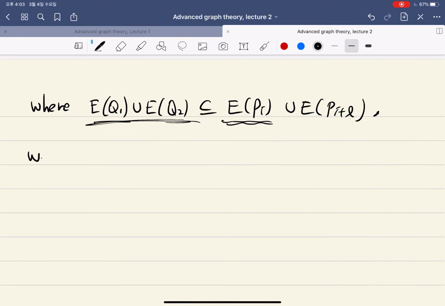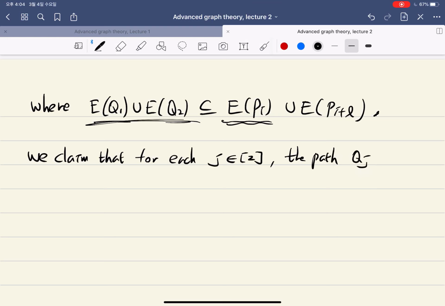So we want to claim that for each j, so Q1 or Q2, the path is an f sub i minus 1 augmenting path.